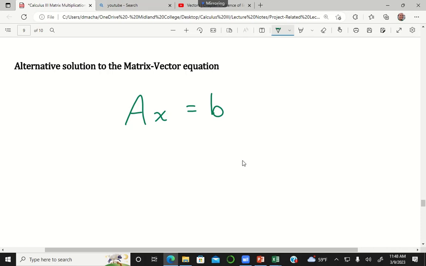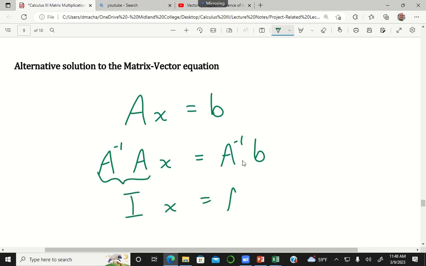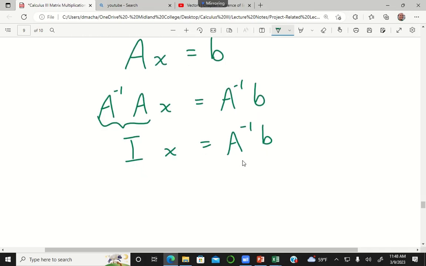If I want to solve for x, I can either do the Gaussian elimination algorithm that we talked about, or what I could do is I could multiply both sides of this equation by A inverse, and then say, well, A inverse times A is just the identity matrix. And the identity matrix times this vector x is just going to be the vector x.